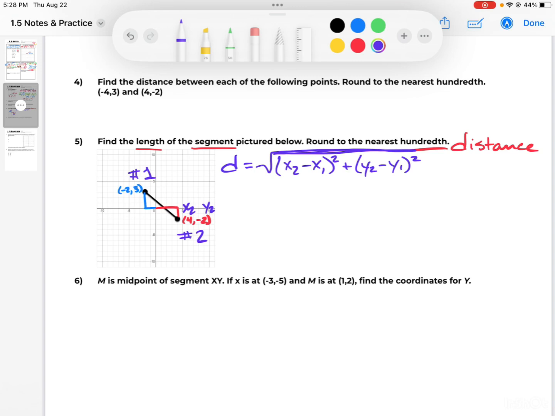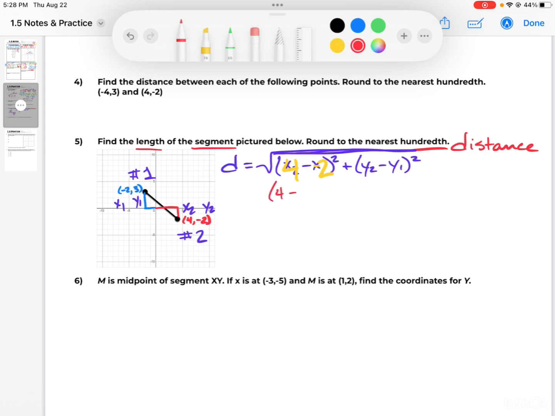So this is my x2, this is my y2, this is my x1, this is my y1. I'm just going to take those numbers and plug them into the formula to replace the existing placeholder. So x2 is 4. x1 is negative 2.